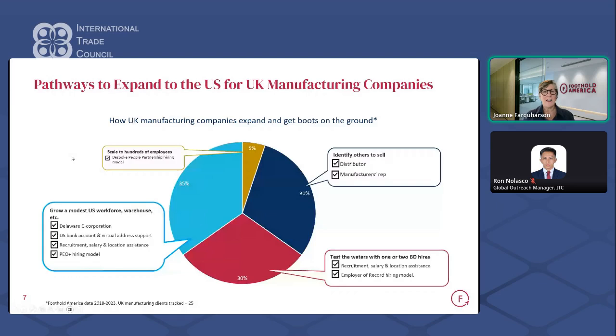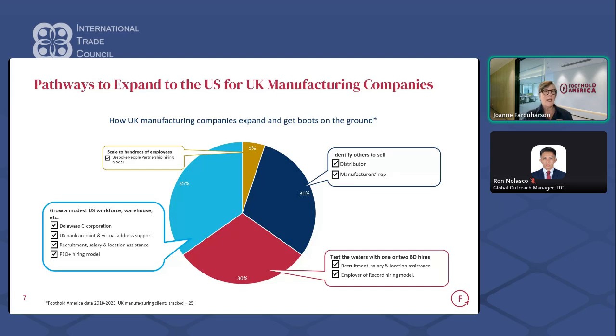And I've now switched the slide, and this is more information for manufacturing companies. Please pardon me, I see that my slide says UK manufacturing, but this is manufacturing worldwide. The way that many manufacturers will tiptoe into the market is by using distributors.